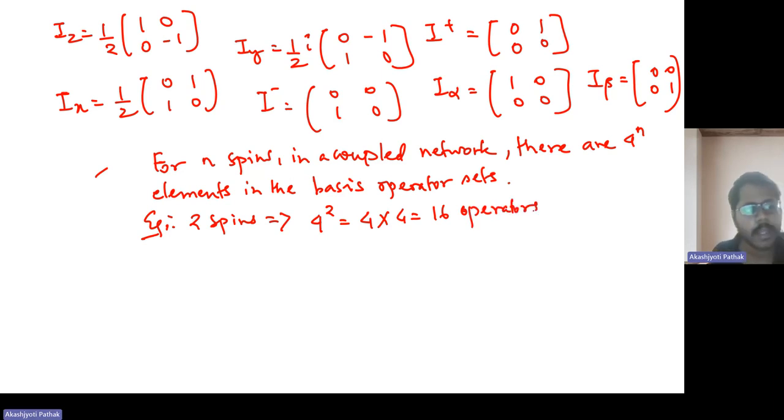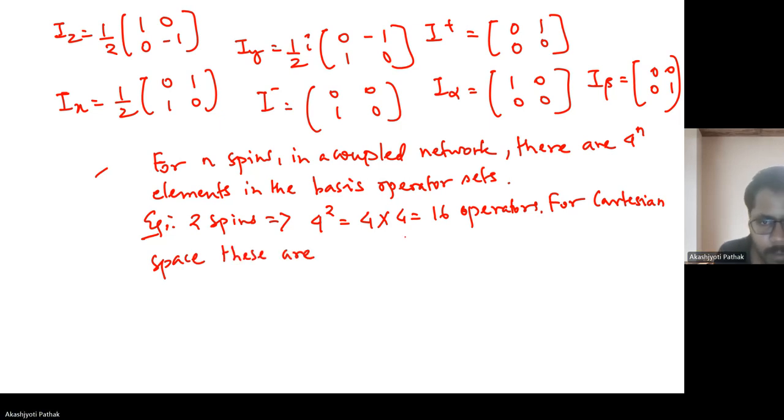Now for the Cartesian space, what are they? If we write them, these are I1x, I1y, I1z, then I2x, I2y, I2z.